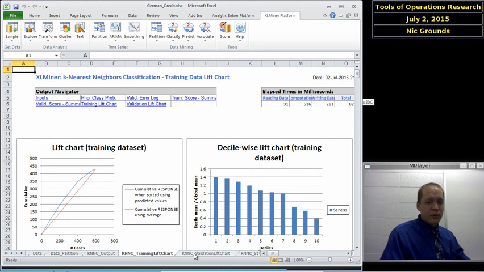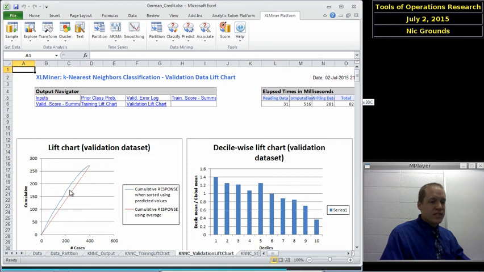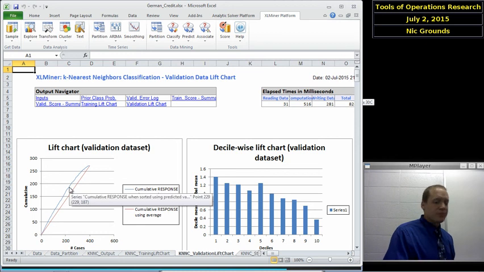But what you really want to know is how well could the algorithm do predicting the validation data it hadn't seen before in terms of building the K-nearest neighbors model or the algorithm. And in that case, again, that distance is relatively small. It did better than average, better than guessing would, but not much better.